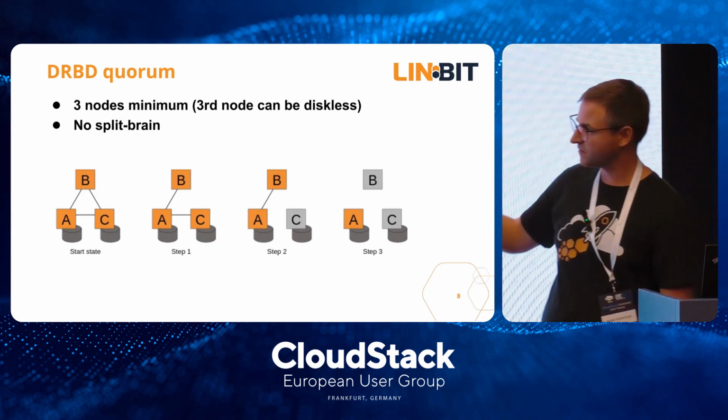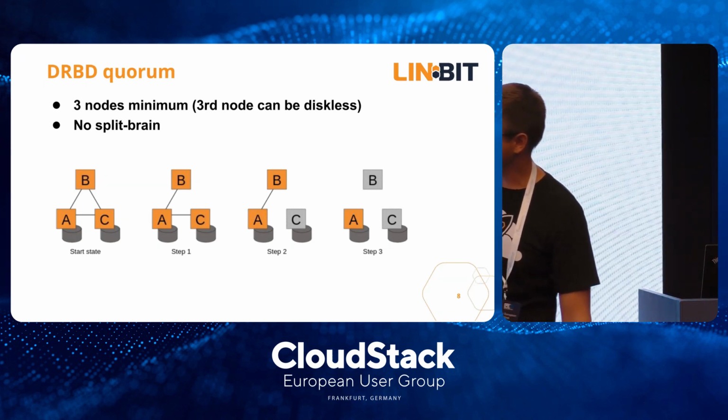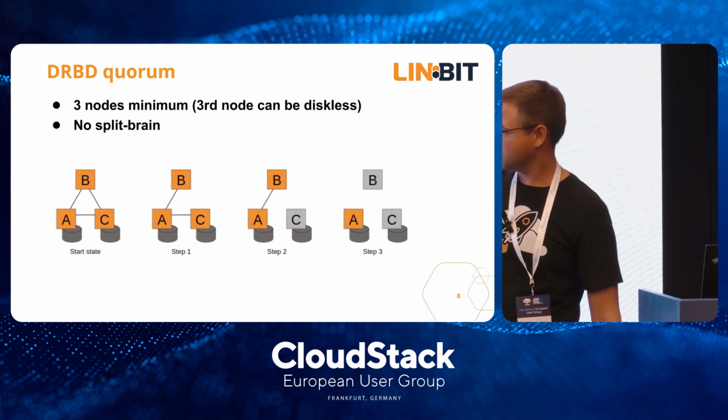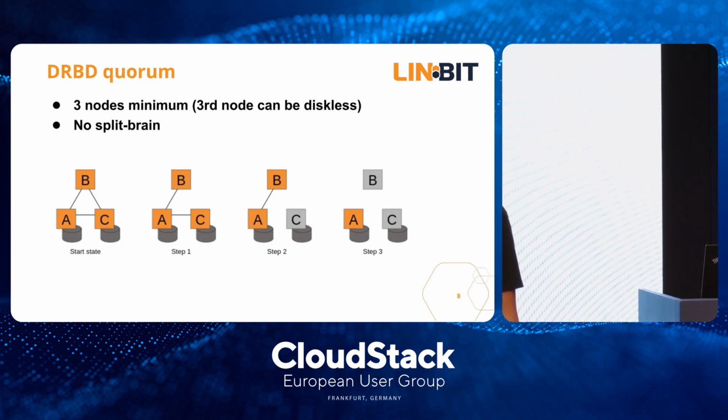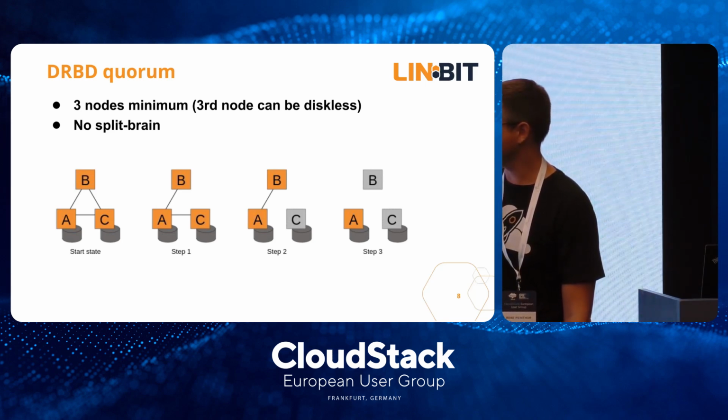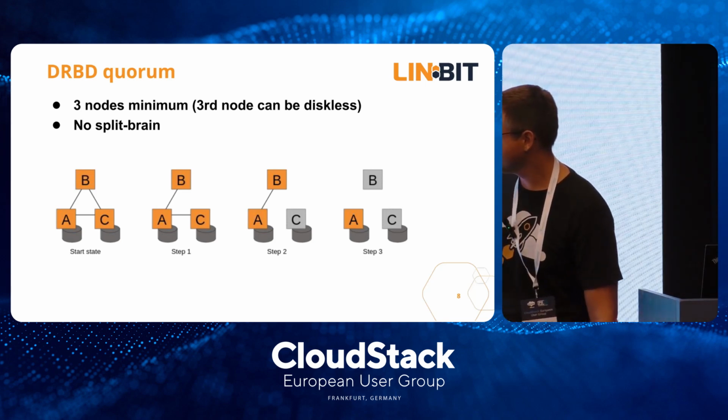And in another case, where let's say in the starting state, C would have the primary role and is where the host is running, and we drop one connection, still good because we know we have the majority.